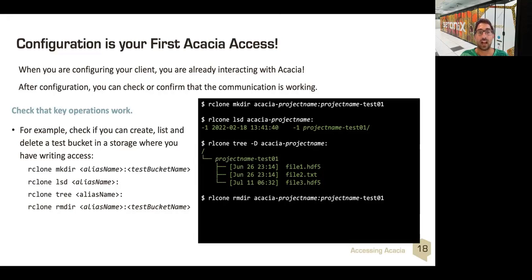But you can create a bucket, and look inside with lsd, right? That will tell you what's inside the bucket. You can even look in a more structured format with the example of tree, where here I've put in some things inside the bucket so we can actually see some organization of date stamps and file names and so on. And you can then remove the bucket.